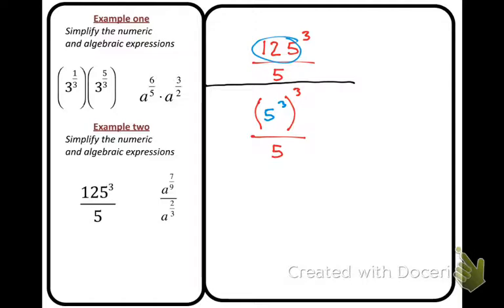These two problems have the exact same value because 5 to the 3rd power is 125, so we're just rewriting it in a different way. But again, it's the same problem.